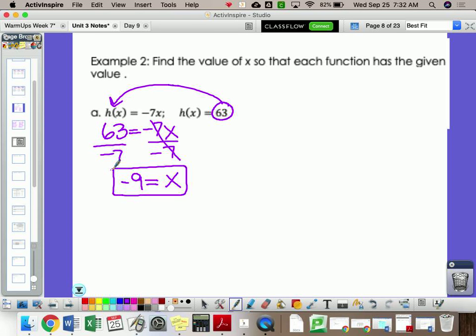If we write it how we wrote our last functions, this just told us that h, when x was negative 9, our function equaled 63. So either way you would like to write it is perfectly fine. That x is what we found is negative 9.